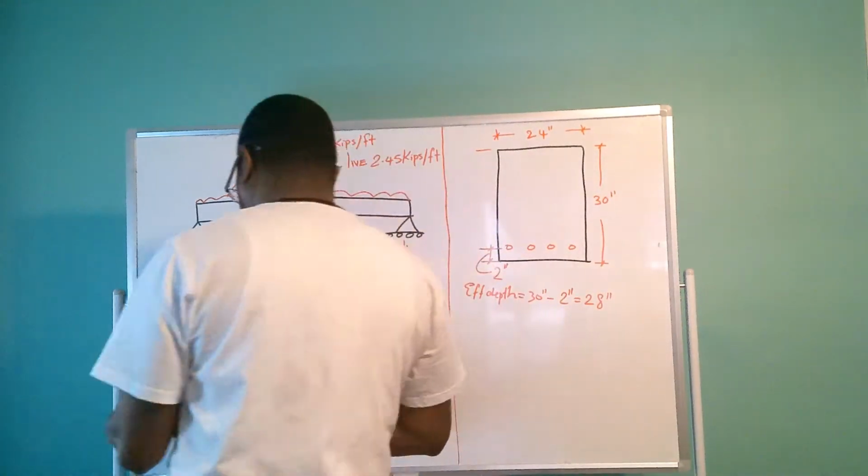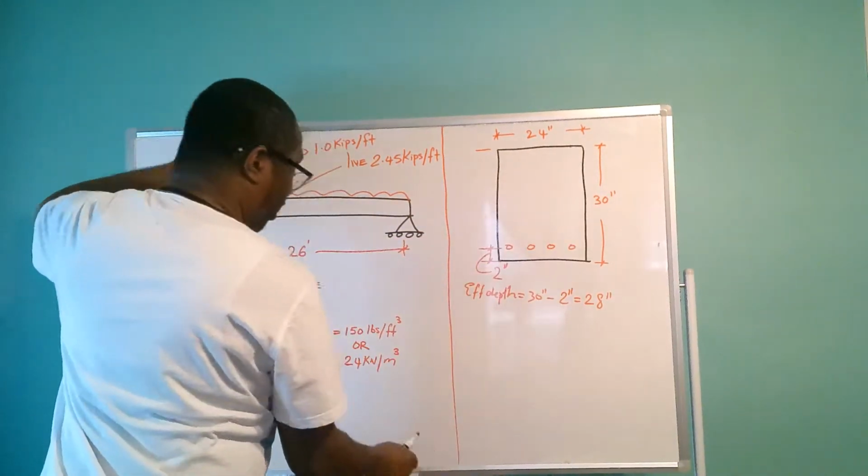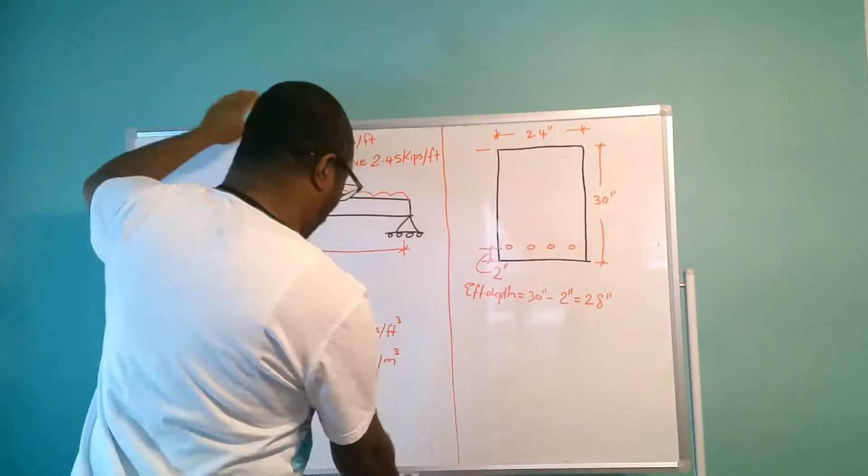So to calculate the self-weight of this beam, the beam has 24 by 30, so that is 2 feet by 2.5 feet.